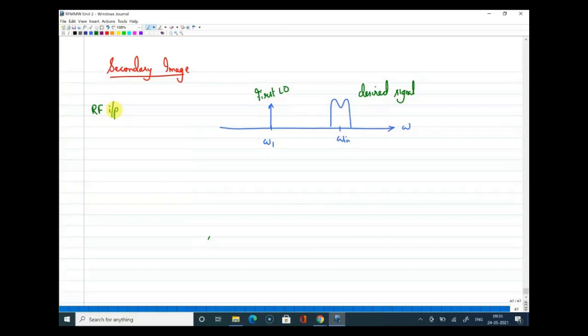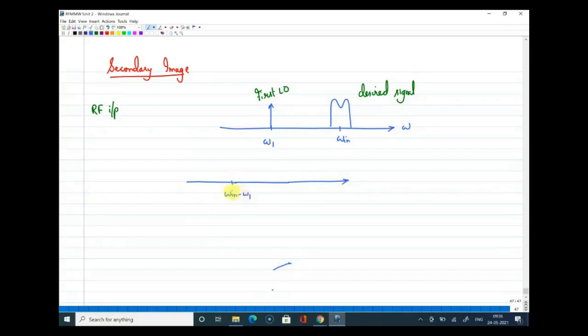Now, if I look at the first IF output, we know that there are two stages of down conversion, so definitely there will be a first IF and a second IF. The first IF will appear at a lower frequency, and the first IF frequency is omega in minus omega 1, which will be somewhere here.